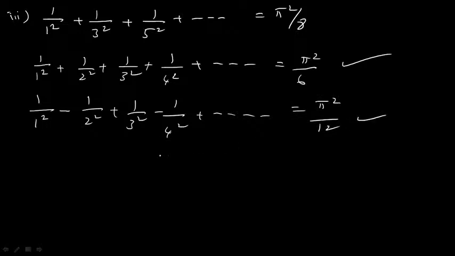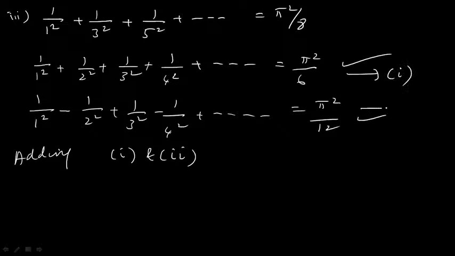So what we are going to do here is add these two series, 1 and 2, isn't it? This is the first series we have derived and this is the second one. Adding these two, we get the third series. So what happens? This 1 by 1 square, twice you get, isn't it? 2 times you have 1 by 1 square.